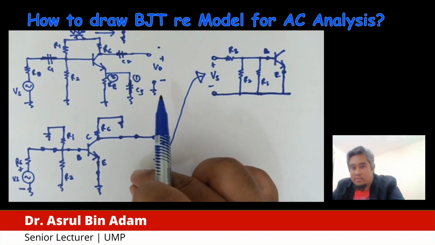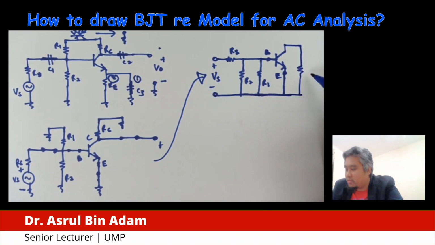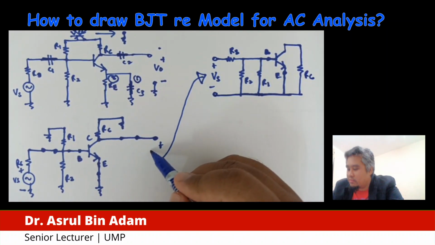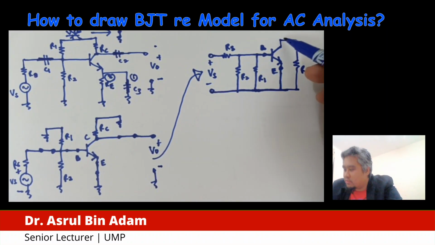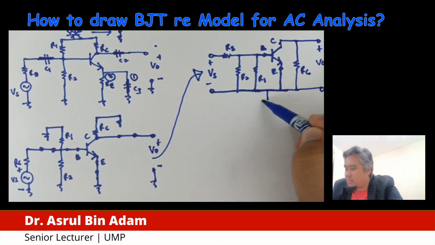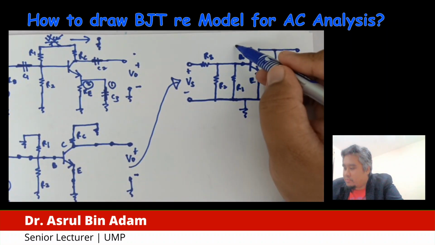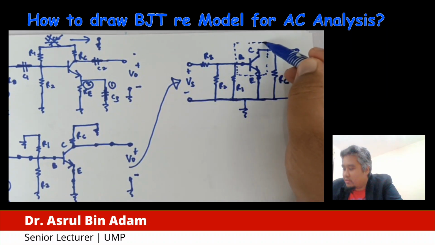Like this, RC, and then this is our output. This is our collector. This is our VR. So all of this is gone. This is our main part, our BJT.